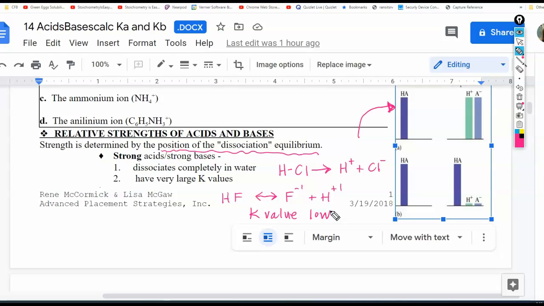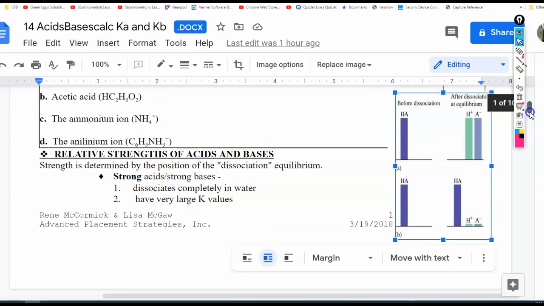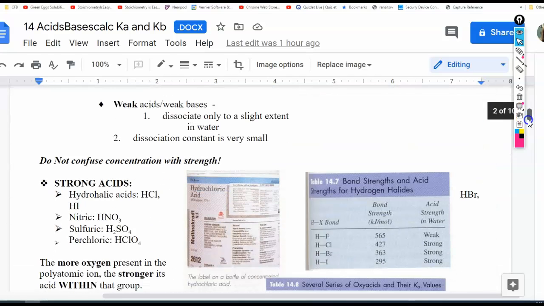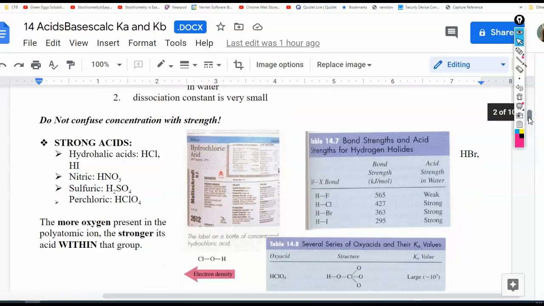Okay, so let's take a look at the rest of these notes because we're almost done here. I just want to make sure that you know the definition of strong and weak acids. So we've talked about weak acids and weak bases already. The list of strong acids are going to be here for you to make sure that you know them.